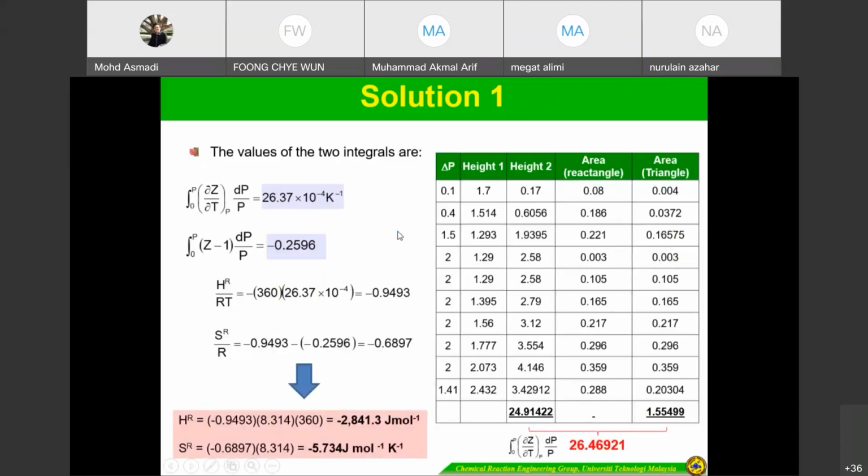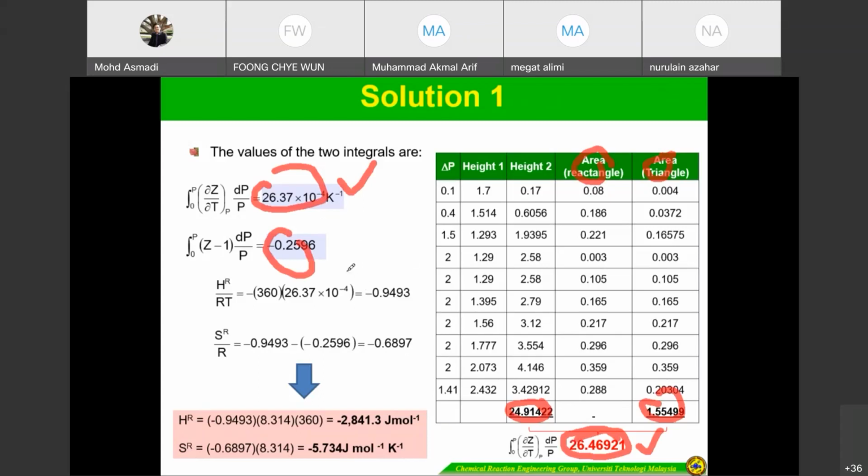This is how I calculate, in terms of rectangle and also triangle. So I get this one, and then I combine, I get this one. Finally you get the value. It's almost the same as the one from the book, not exactly, but almost similar.